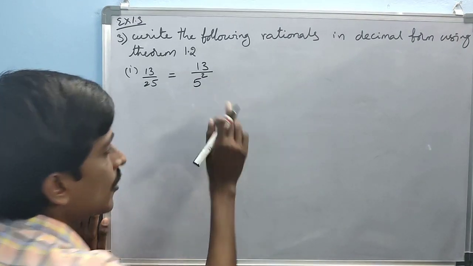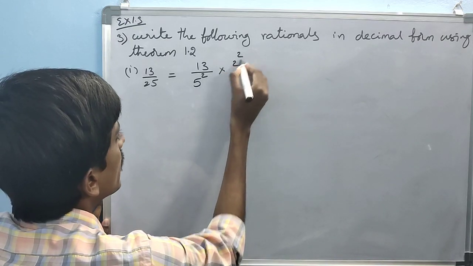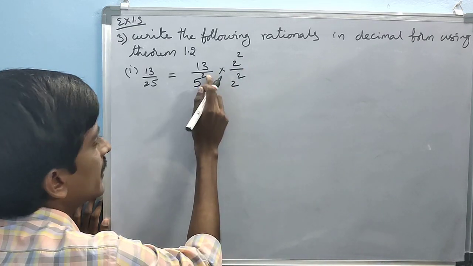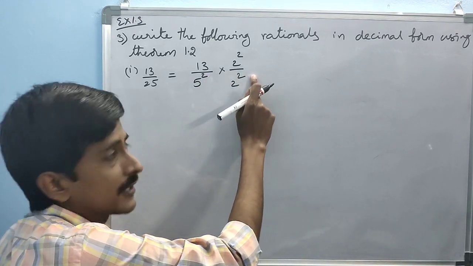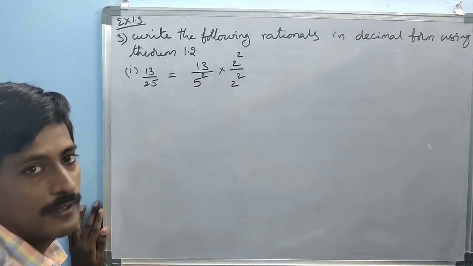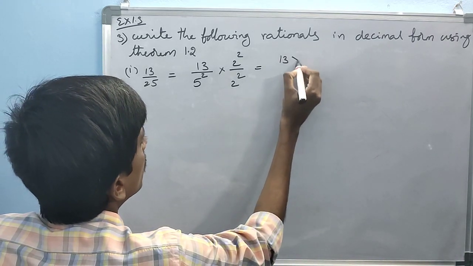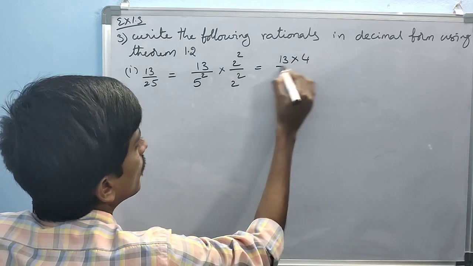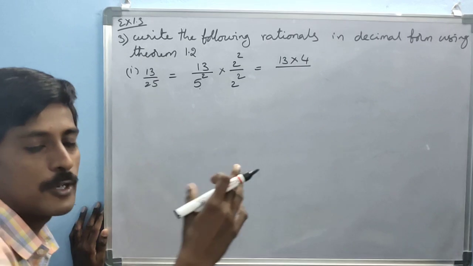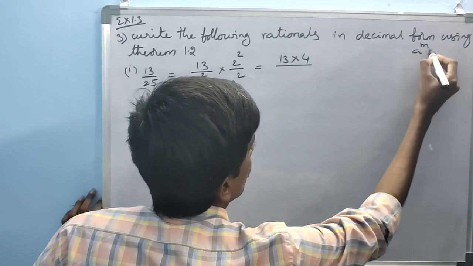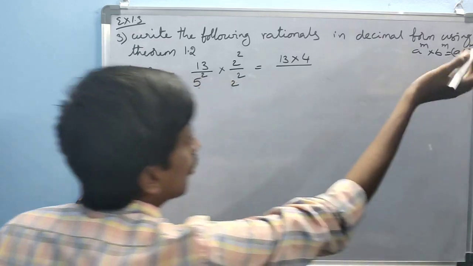So 5 square. Multiply both numerator and denominator with 2 square by 2 square. Whatever the power is there, you take the same power. The denominator has 5 and 2 only. So 13 into 2 square, 4, by 5 square into 2 square. Already you know a power m into b power m equals ab whole power m.